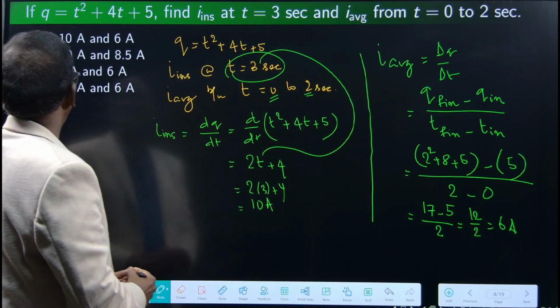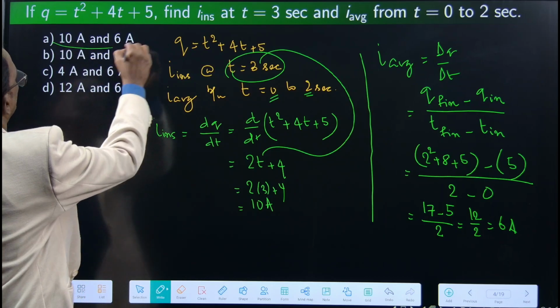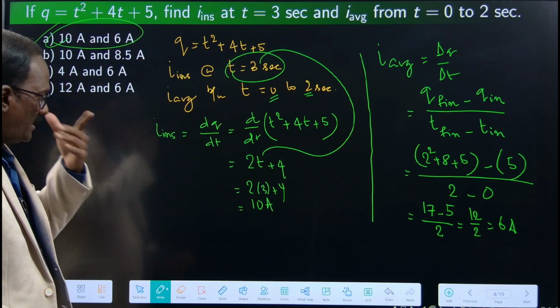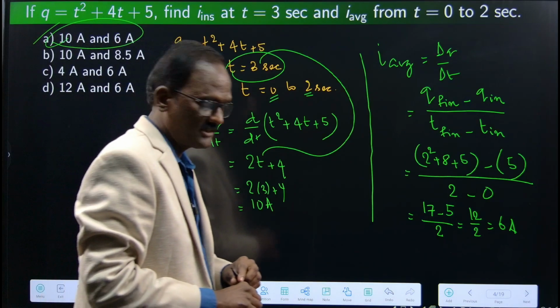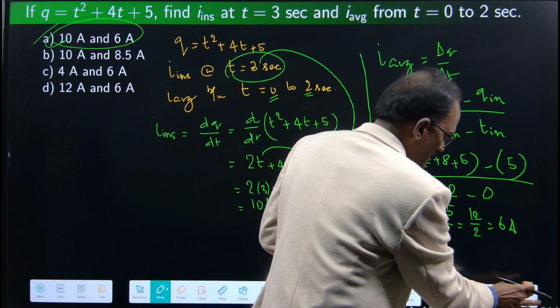I average is equal to 6 amperes. This is option 1: I instantaneous 10 amperes and I average 6 amperes, clear?